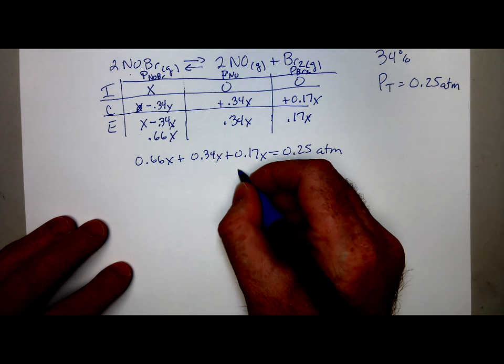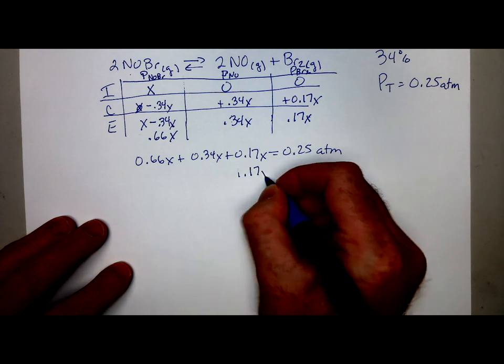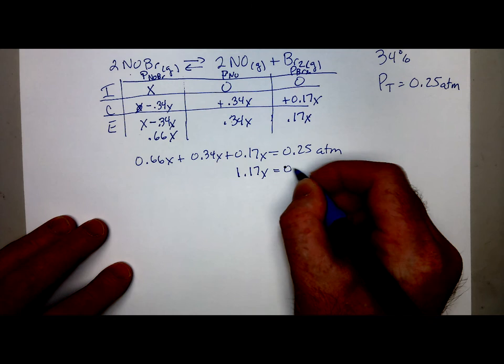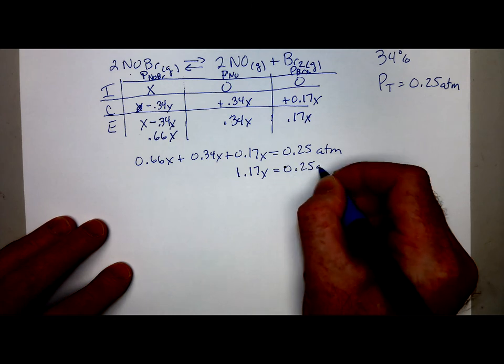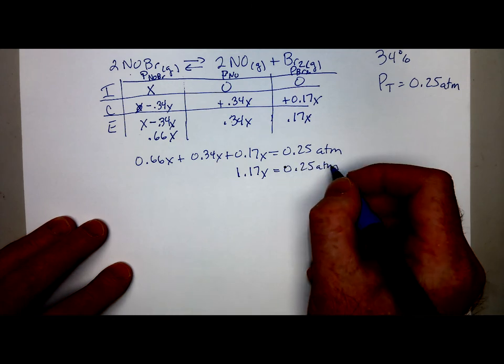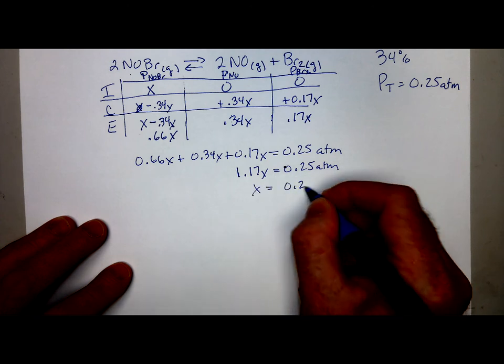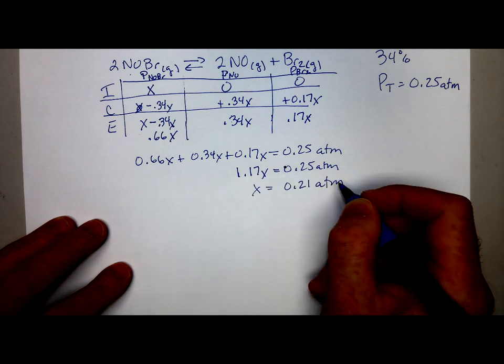So that's going to be 1.17 X equals 0.25 ATMs. And then so X is equal to 0.21 ATMs.